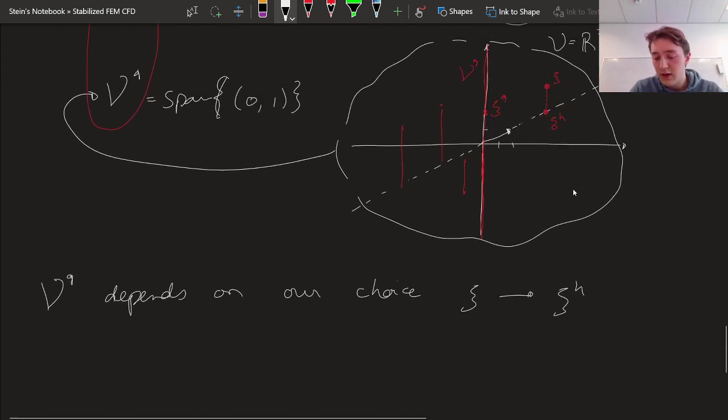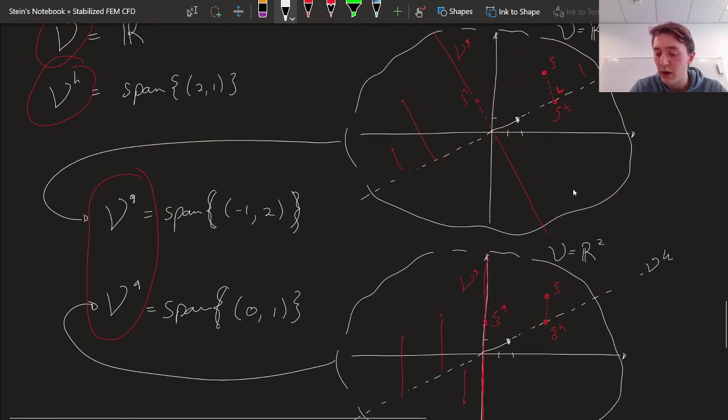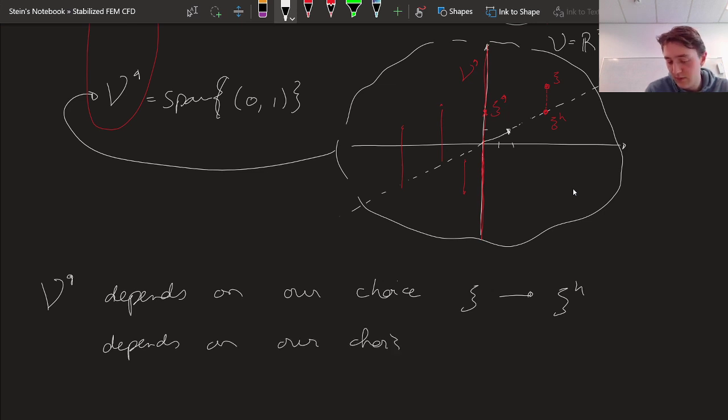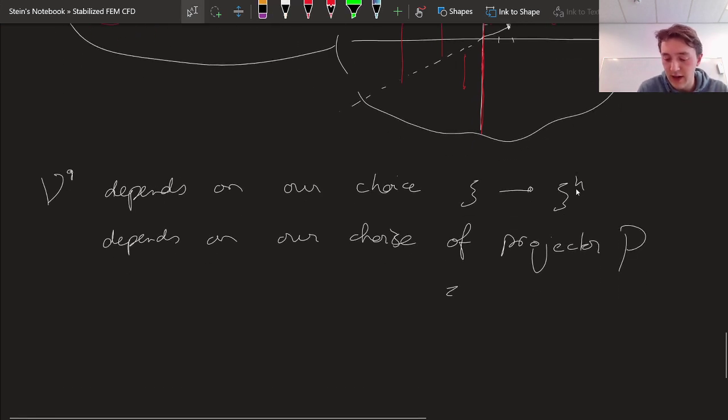The way that we define this a bit more technically correct is that it depends on our choice of projector P, such that now we define psi h as the projection of any psi.